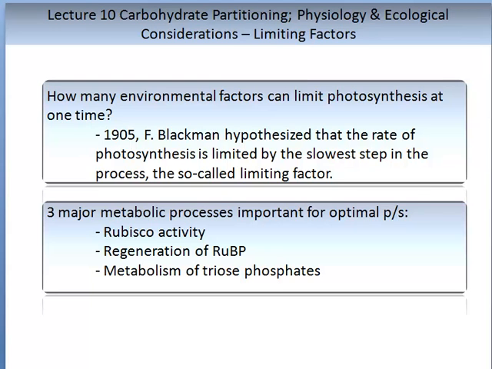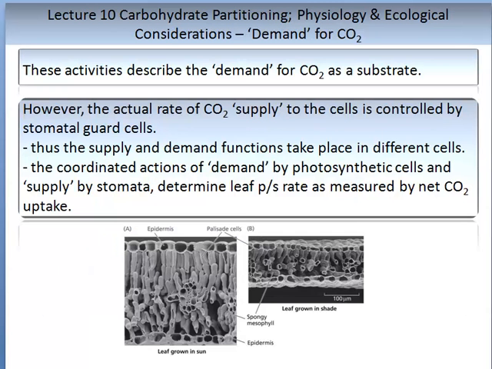So how many environmental factors can limit photosynthesis at any one time? It appears that there are 3 major metabolic processes which are important for optimal photosynthetic rates. These are the Rubisco activity, the regeneration of RuBP, and the metabolism of triose phosphates.